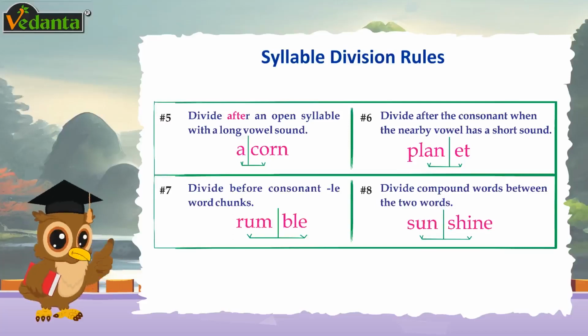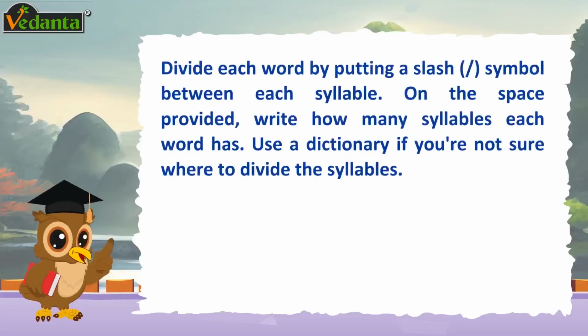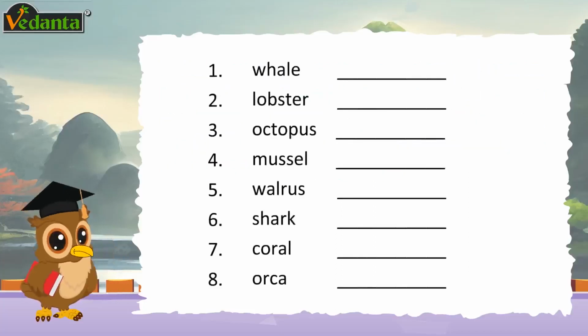Rule number 8: divide compound words between the two words. Sun-shine. Divide each word by putting a slash symbol between each syllable. On the space provided, write how many syllables each word has. Use a dictionary if you are not sure where to divide the syllables.